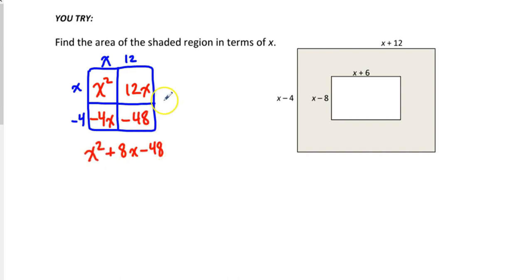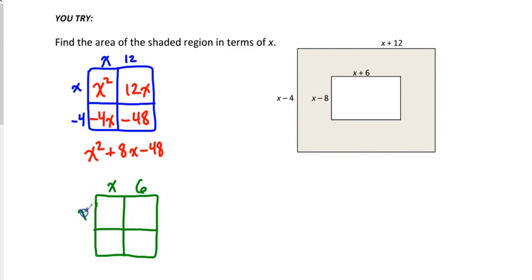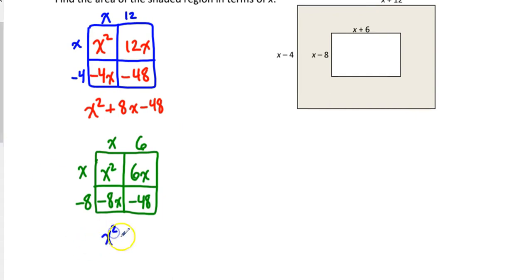Okay, so there we have the area of the overall big rectangle. Now let's find the area of the smaller interior rectangle. Okay, so now to find the shaded area, we need the overall minus the white.